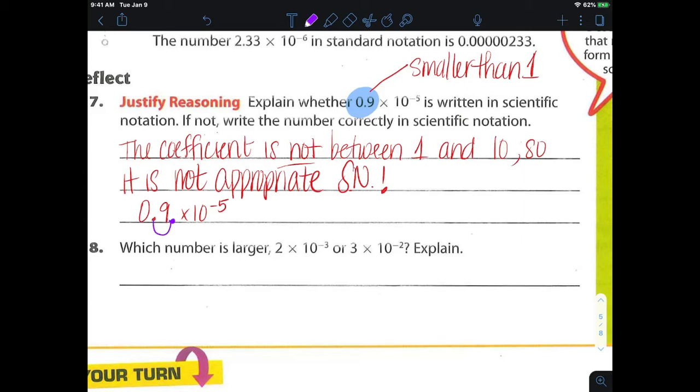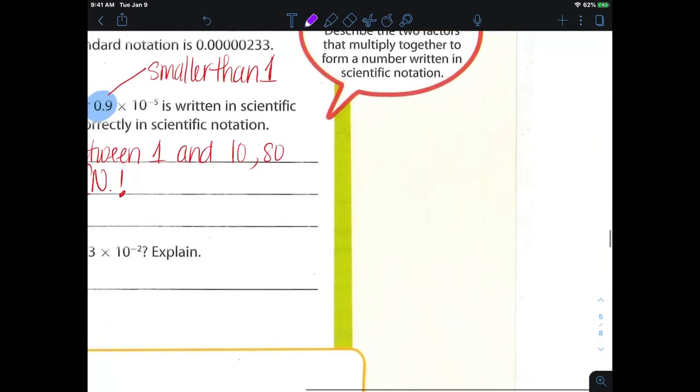So I'm making my number bigger. So that means that I should be able to do something with that exponent. So before I do that, let's go ahead and take the long way around, okay? So I'm just going to write it out here to the side. 0.9 times 10 to the power of negative 5. 1, 2, 3, 4, 5.